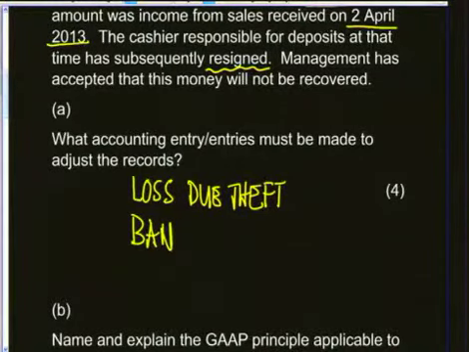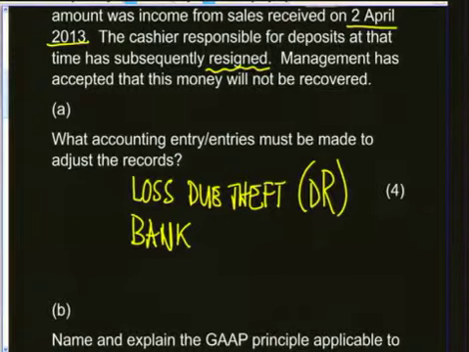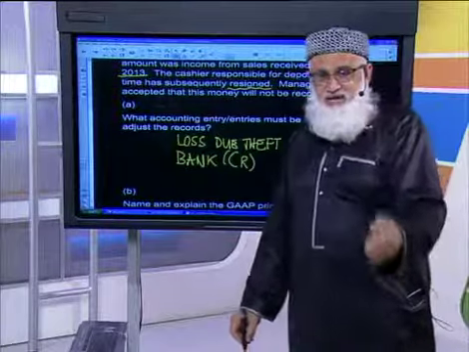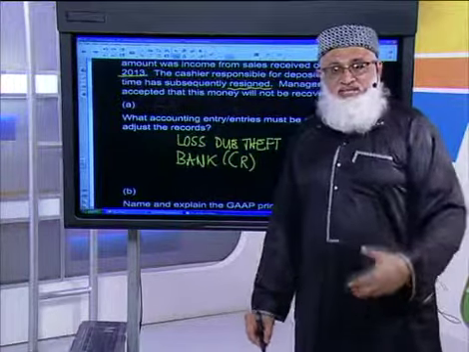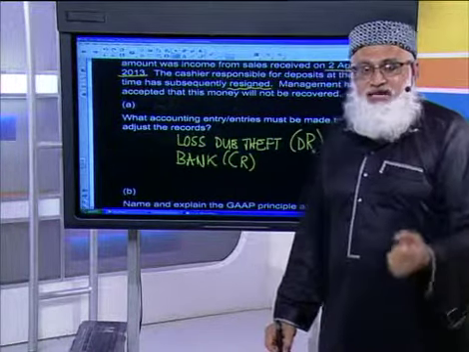So once again, my double entry, a debit entry of loss due to theft, because certainly the money has been stolen, and we credit our bank account, indicating that we have to decrease the bank account.